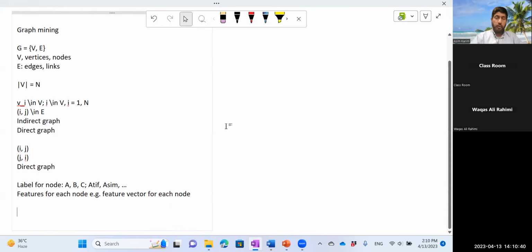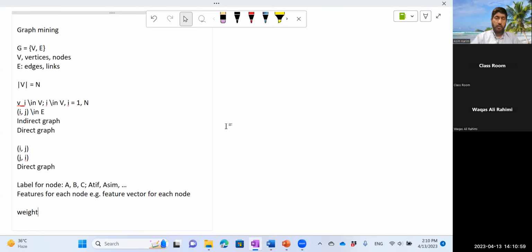Now moving on to the edges. We said that an edge is a link between two nodes. It could be directed, it could be undirected, and each edge can have a weight or some other additional information.